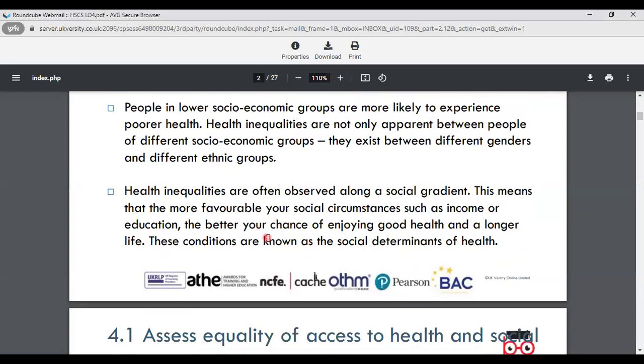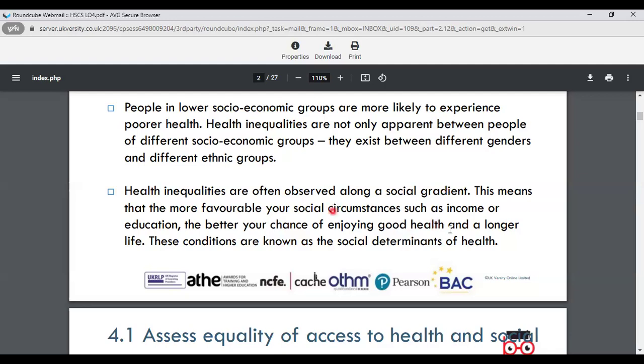Health inequalities are often observed along a social gradient. The social gradient means the grades of society or socioeconomic statuses. So there's someone from a very low socioeconomic status, to a low status, to a middle status, to a high and then a very high.